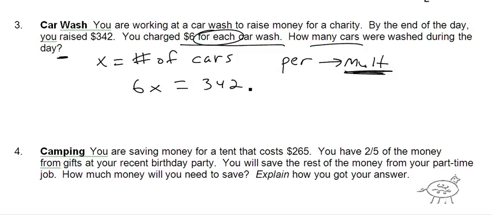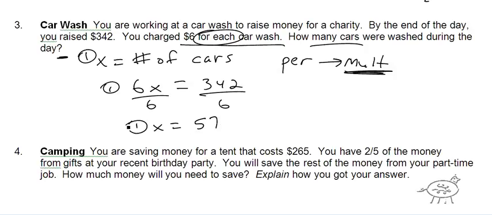That's the setup, 1 point for that, 1 point for that. We divide by 6 to solve. You can use your calculator, and you get 57. That's another point. And one more point, of course, is 57 cars. So it's a 4-point problem. Pretty sweet.